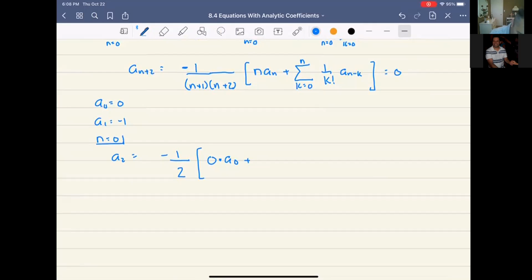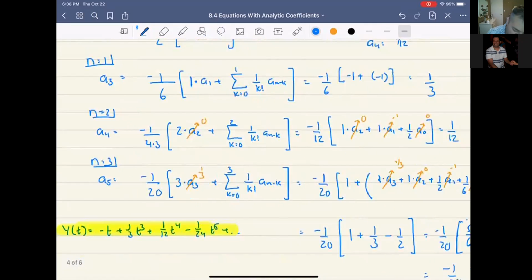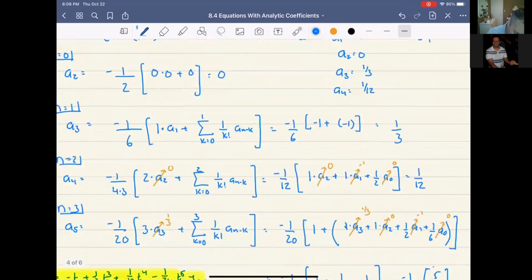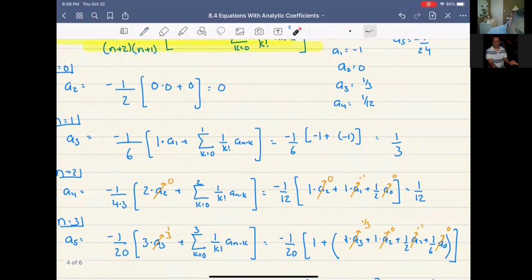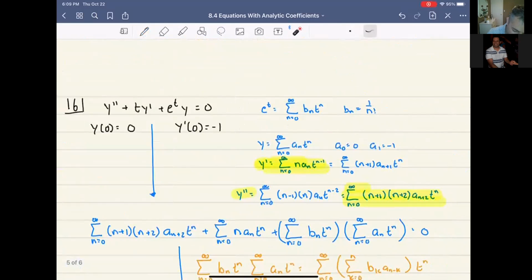So that's going to be plus 1 over 0 factorial, which is 1, times A sub 0. A sub 0 is 0, so this is 0. Let me check that. Yep, I had no A sub 2 term yesterday. A sub 2 term was 0, good.